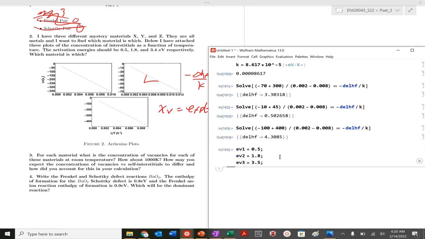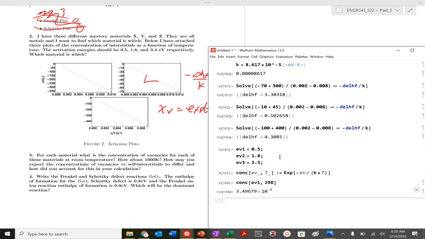So I can do the concentration as a function of E_V and T, set this equal to exponential of minus E_V divided by kT. So I could do the concentration for E_V1, and I could do it at room temperature here.